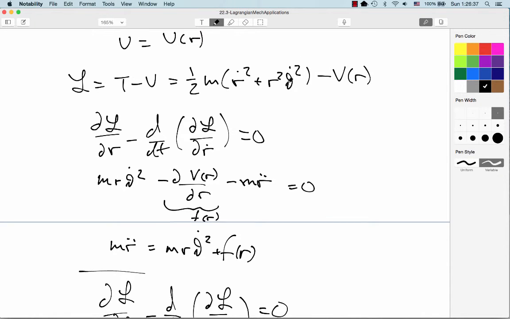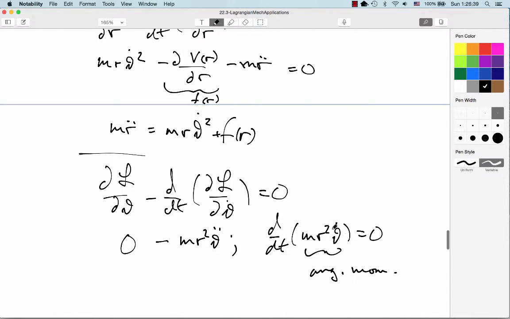So that means that whatever this is going to be conserved. So if there's a variable missing from the Lagrangian, there will be something conserved. This is an application of a much more powerful thing called Noether's theorem, which is due to Emmy Noether.